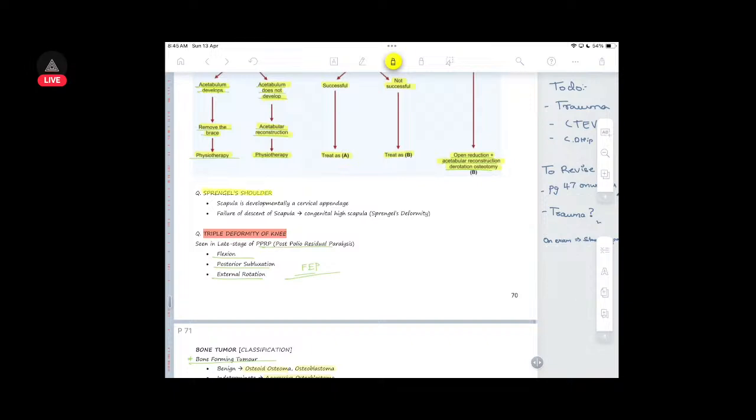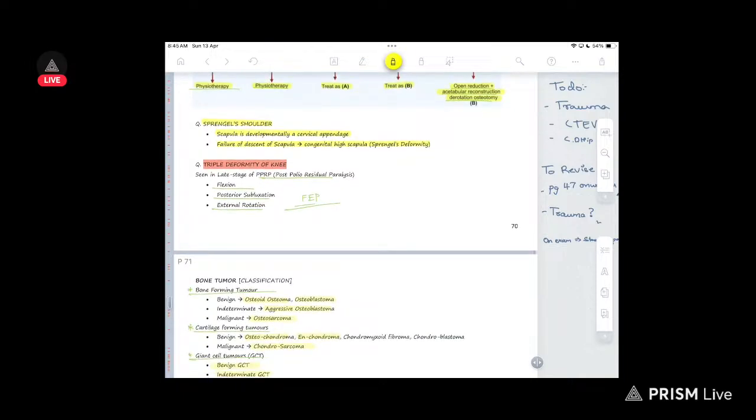Then you have Sprengel's shoulder, wherein the scapula is developmentally a cervical appendage. Failure of descent of the scapula leads to congenital high scapula, which is known as Sprengel's deformity. Then triple deformity of the knee, it is PRPP, post polio residual paralysis.